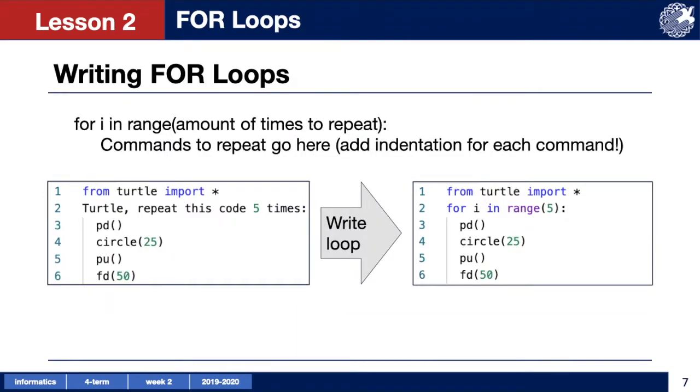Before we can start using loops, we need to know exactly how to write them so the turtle will understand. To tell the turtle to repeat something, we need to begin by writing this phrase, for i in range, and put a number in parentheses. We need to end the phrase with a colon. It's important to know that you must add indentation to the lines of code you want to repeat.